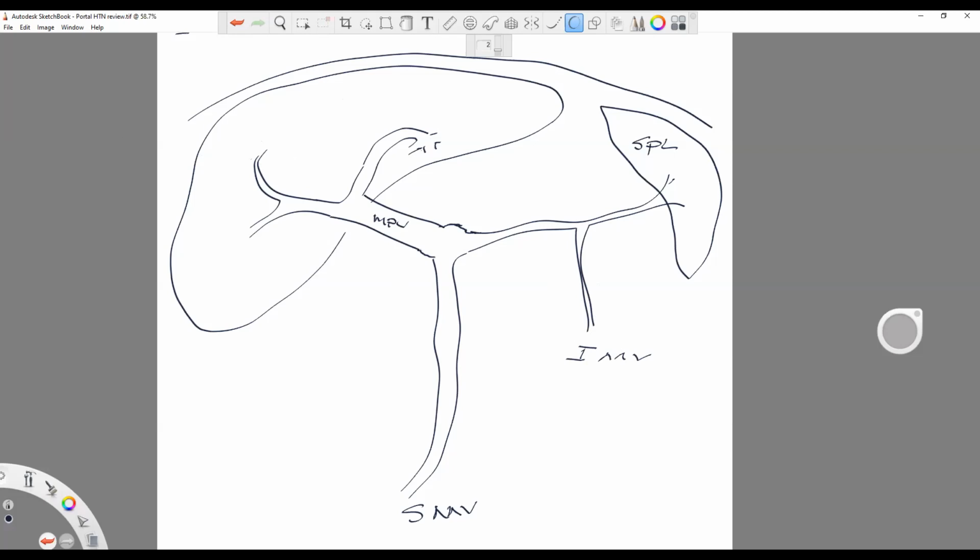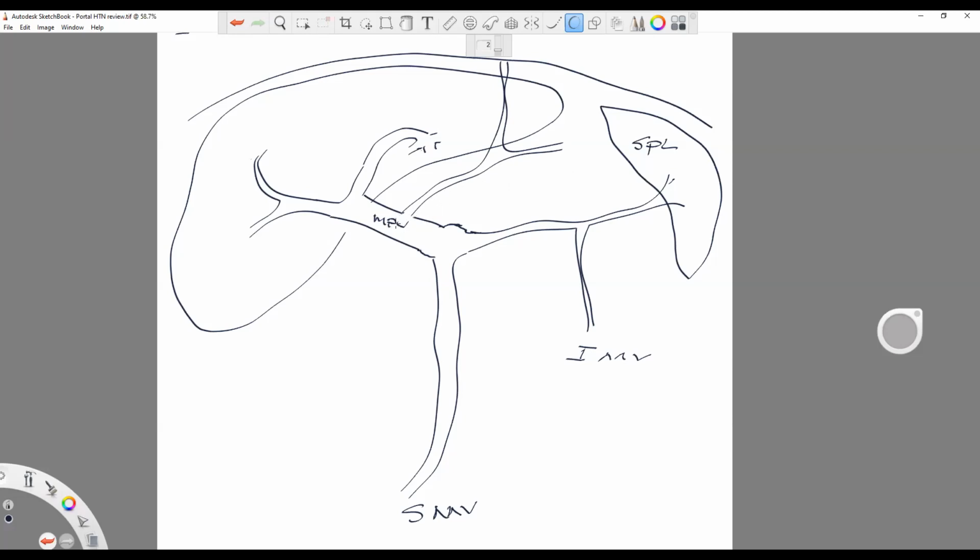Actually, let me take another little eraser. Here's another thing we don't normally see, but this one's also important. This one's going to go up to here. Now, this is the left gastric vein coming into the main portal vein.